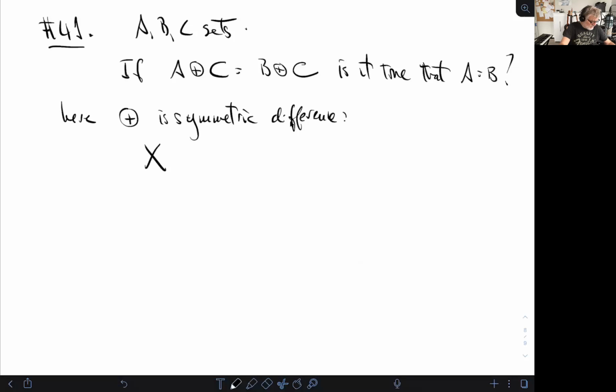Okay, so if I take 2 sets, the symmetric difference is the following set.